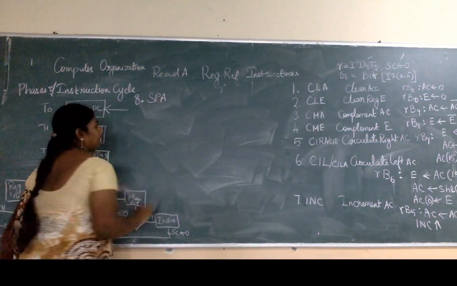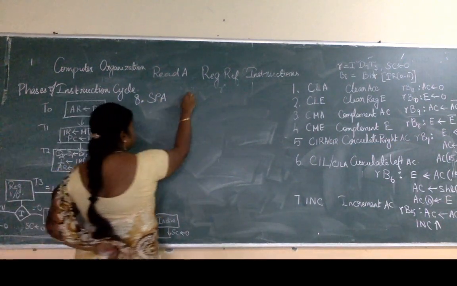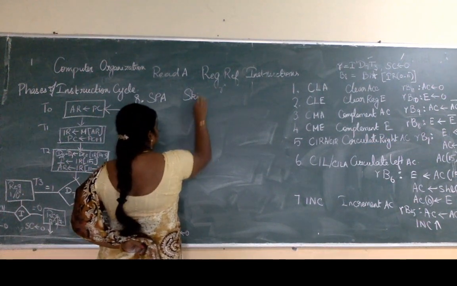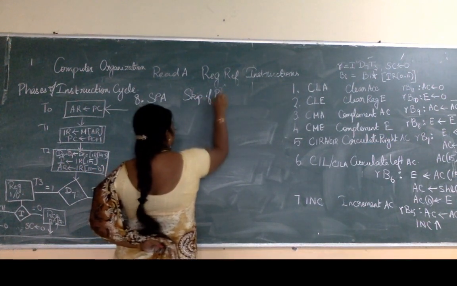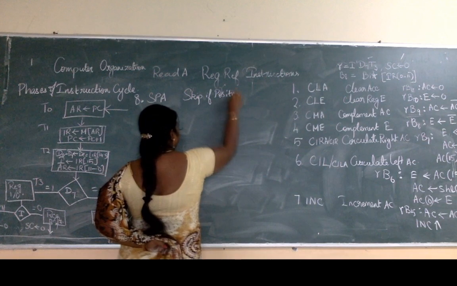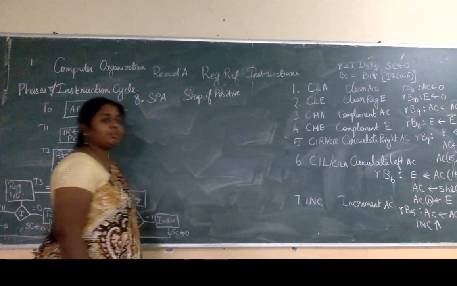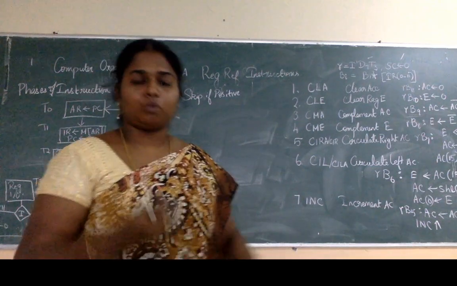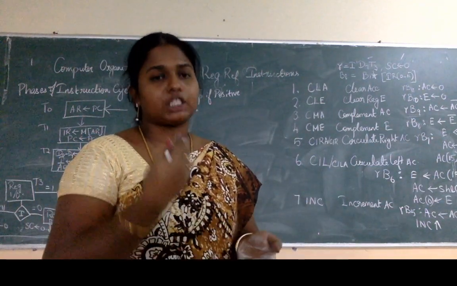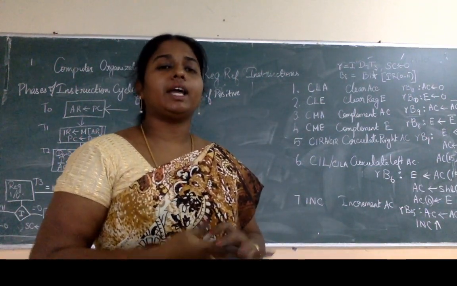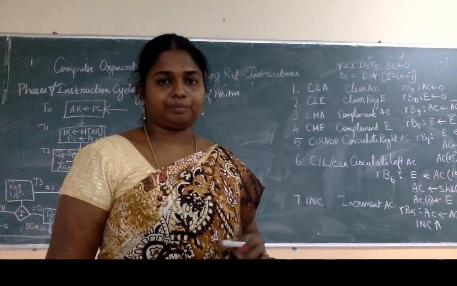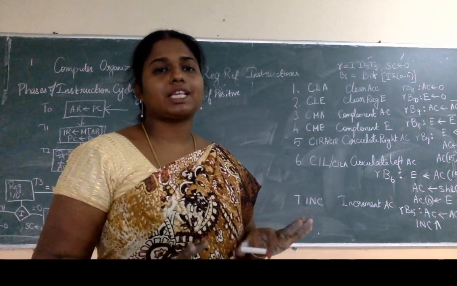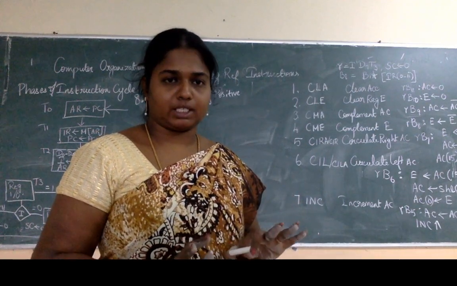SPA means skip if positive. I am going to look into the value of the accumulator. If whatever content is there in the accumulator is a positive value, then I have to skip the next instruction. This is what skip if positive does.